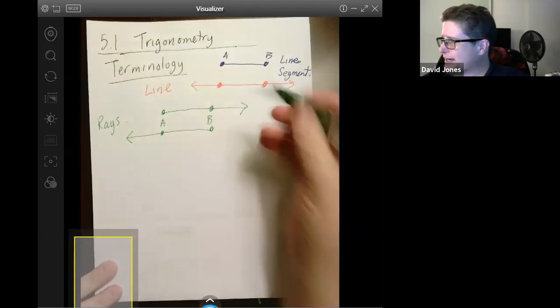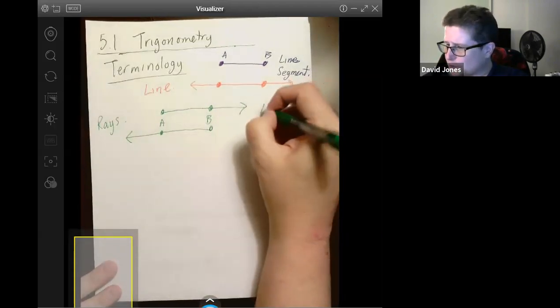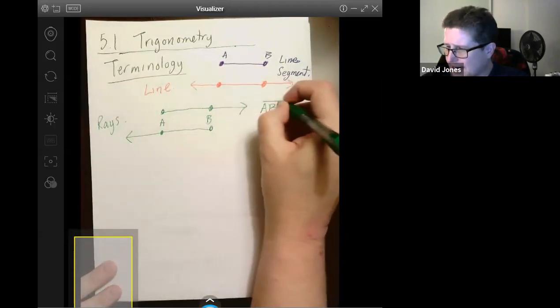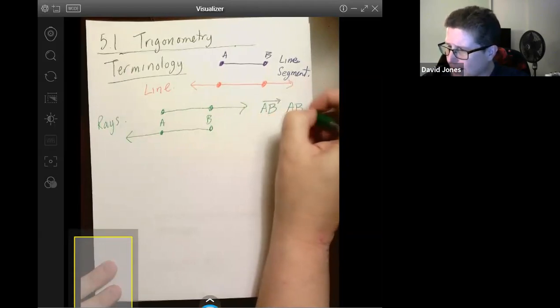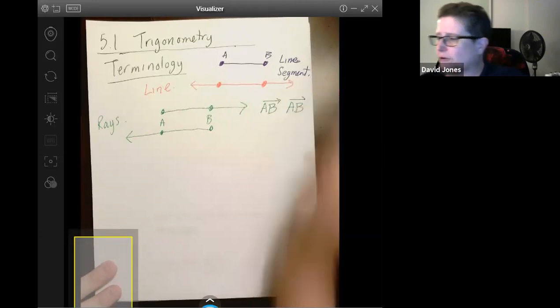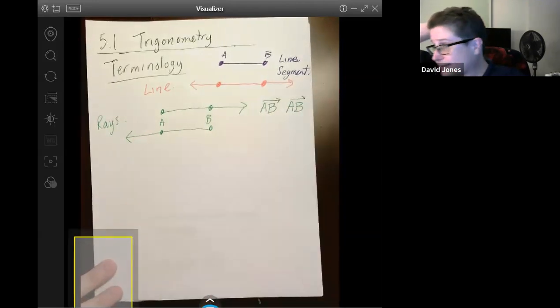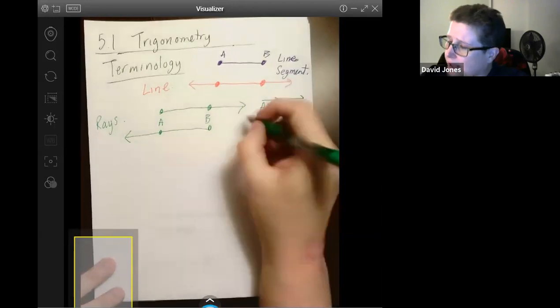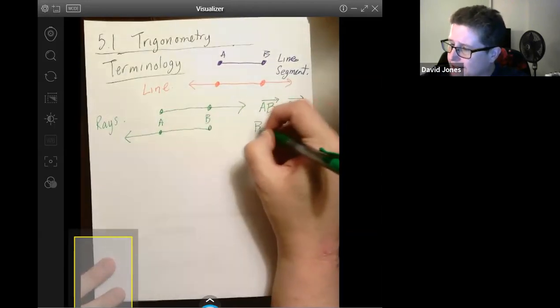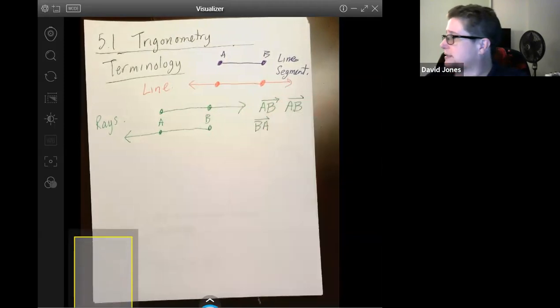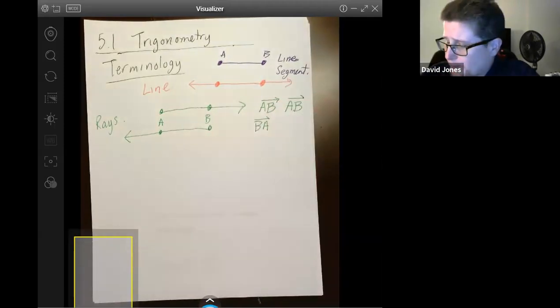This line segment here goes by AB, and they either put a full arrow or a lot of people do just the top half of the arrow like that. It indicates a ray. This one right here starts at B and goes in the direction of A. This one is BA.